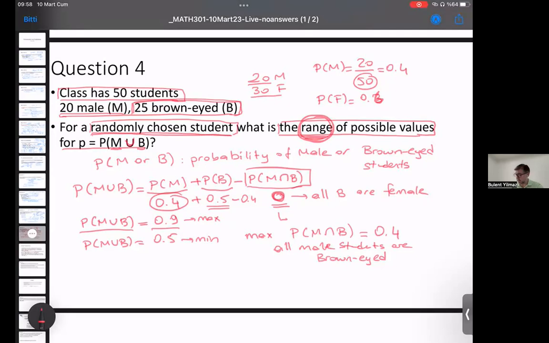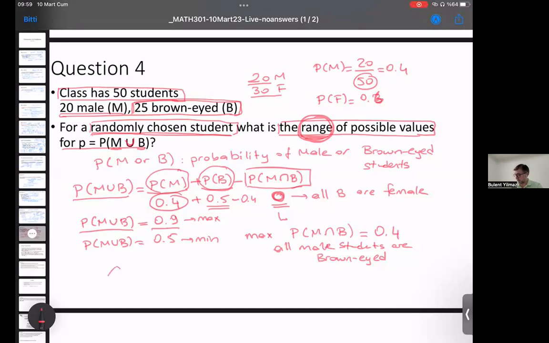And I said, here is the formulation that I use. Probability of male or brown-eyed is going to be probability of male plus probability of brown-eyed, and then minus probability of male and brown-eyed. So it will be separately M and B, and then there will be an overlap.